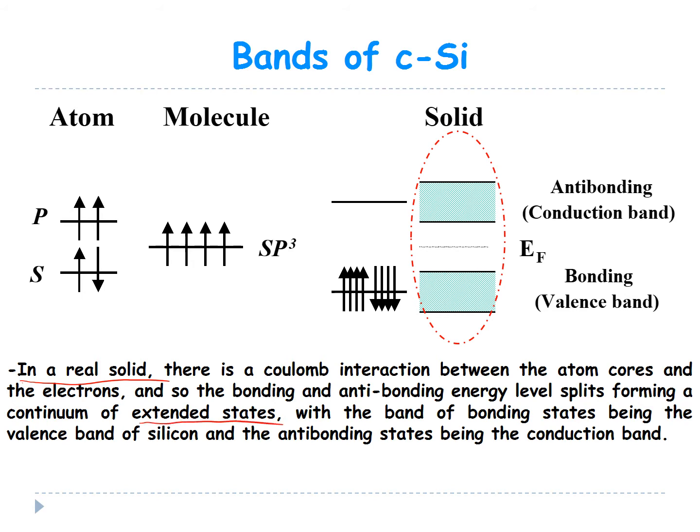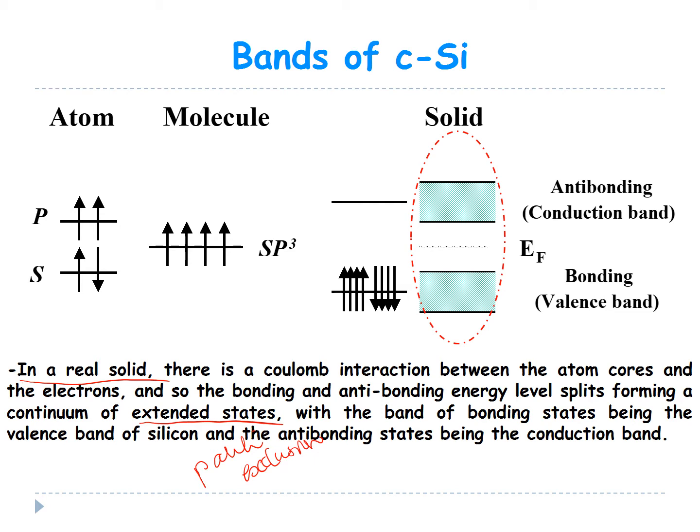The reason for these extended states is mainly the Pauli exclusion principle, which states that you cannot have two electrons having the same quantum numbers. You can have at most two electrons at the same energy level with opposite spins, as you well know.